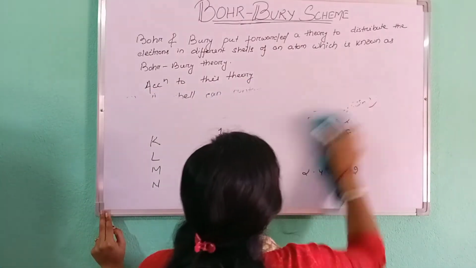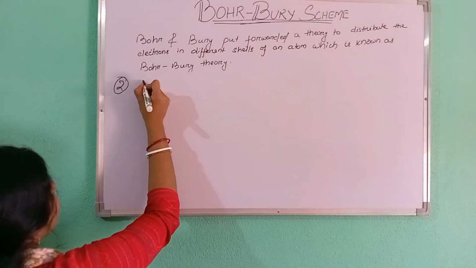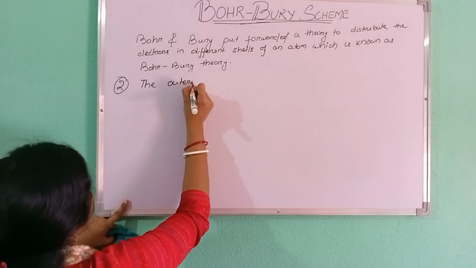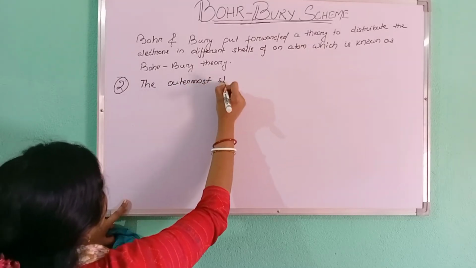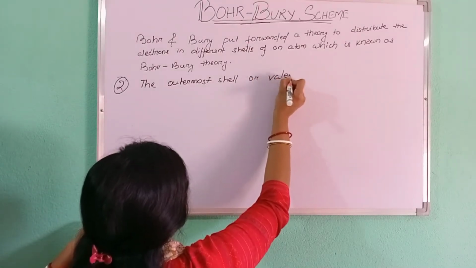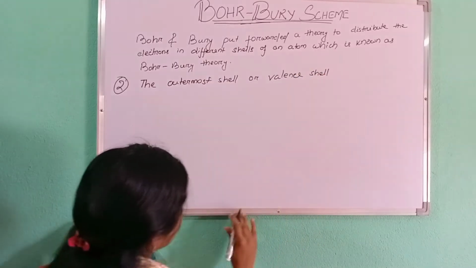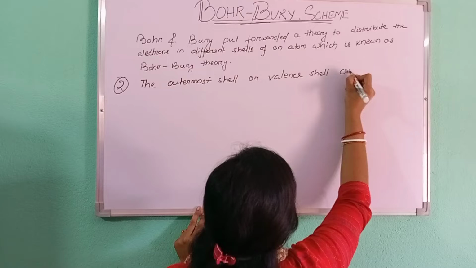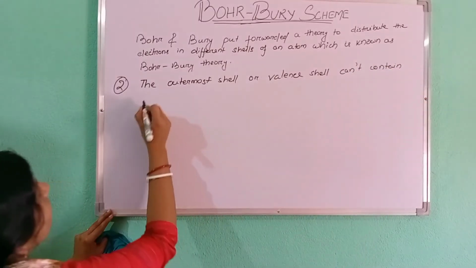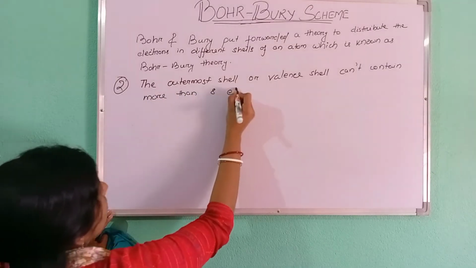Rule 2: the outermost cell, or say valence cell, can't contain more than 8 electrons.